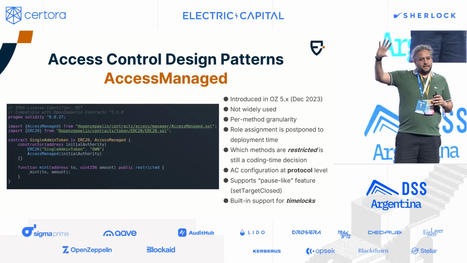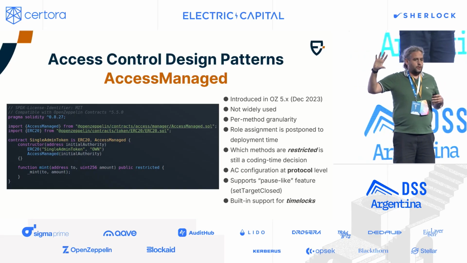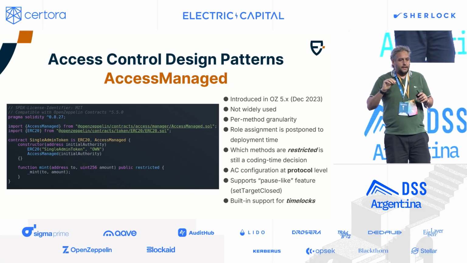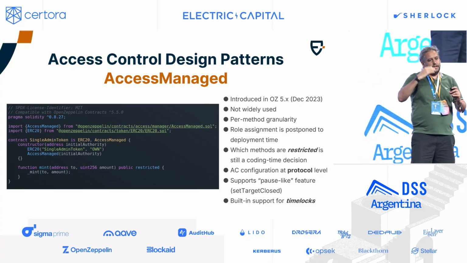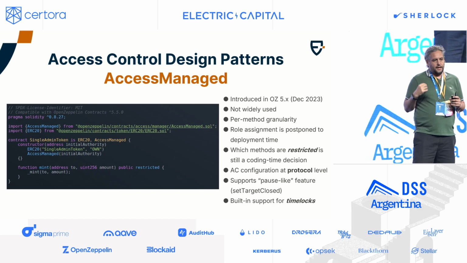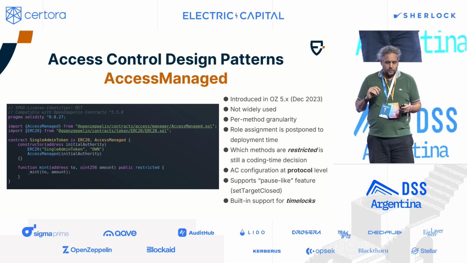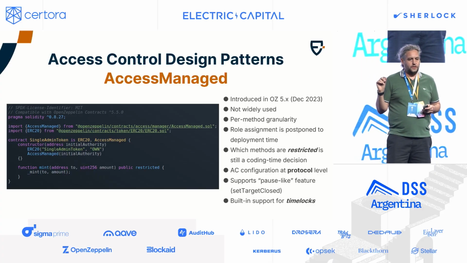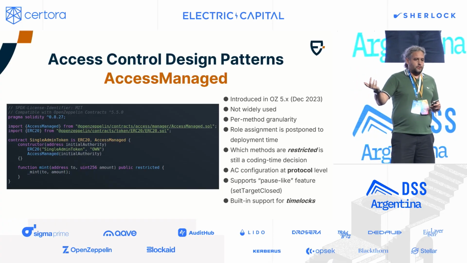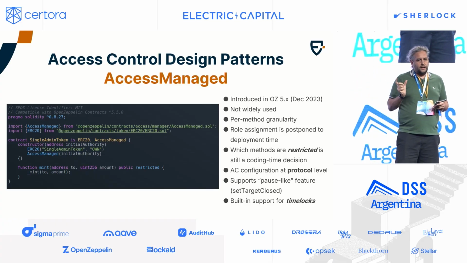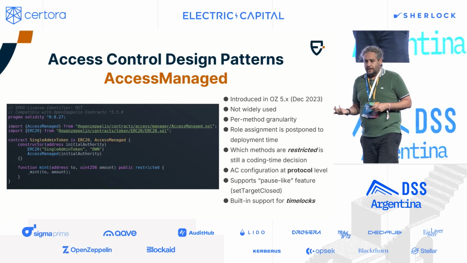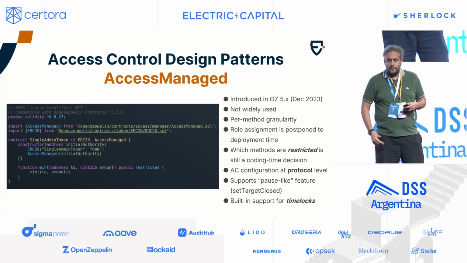It works with an access manager contract that concentrates all the access rules of a given protocol, of a set of contracts, and then the contracts are access managed, meaning that they delegate the access control to another contract, and so you just decorate the methods. The only decision that you need to take at coding time is adding a restricted modifier. Then, at configuration time, you can decide who can access, or if the same role can access different methods, or whatever. It has many other benefits.